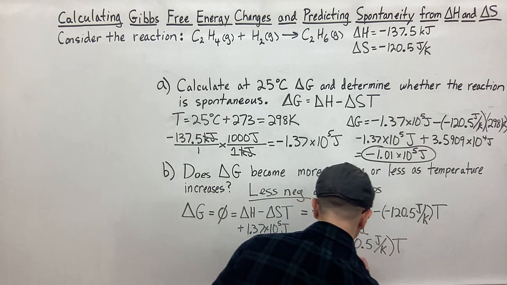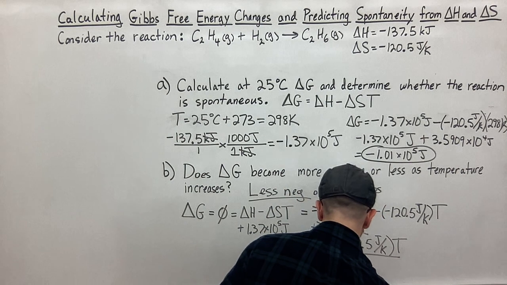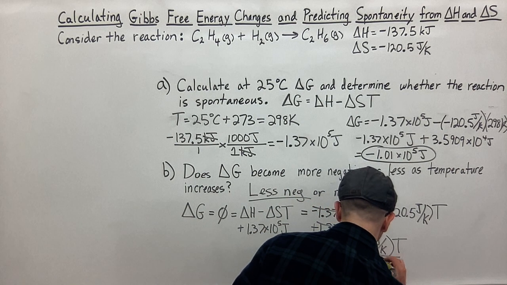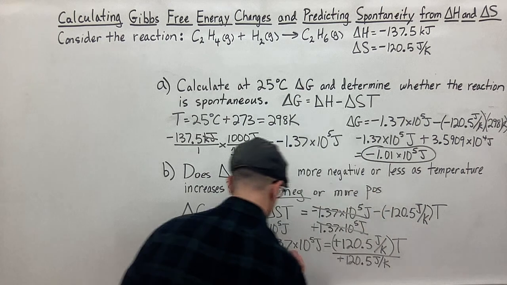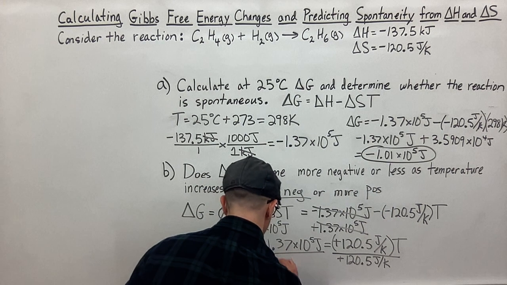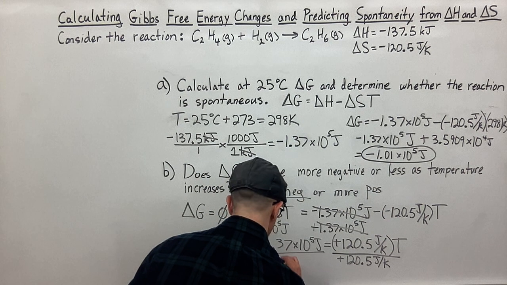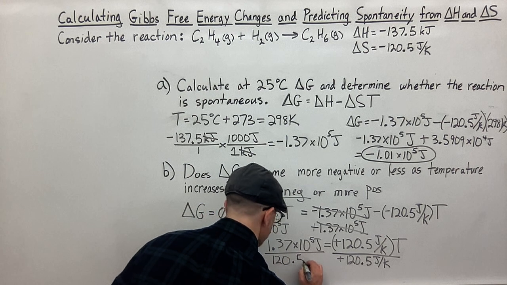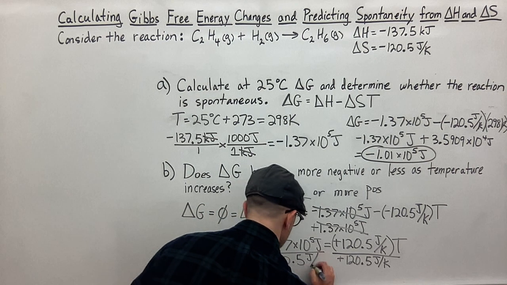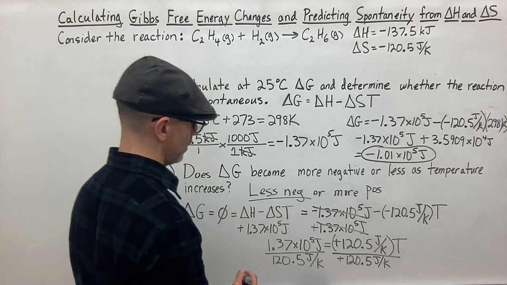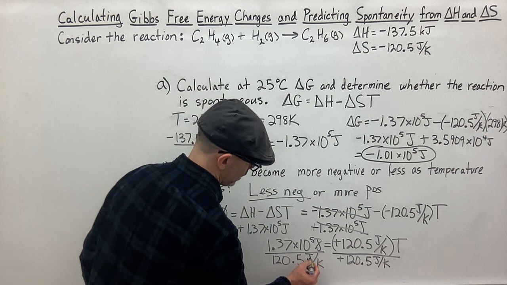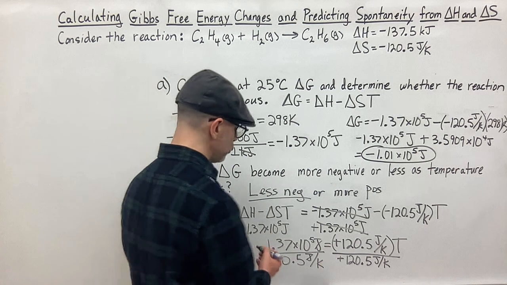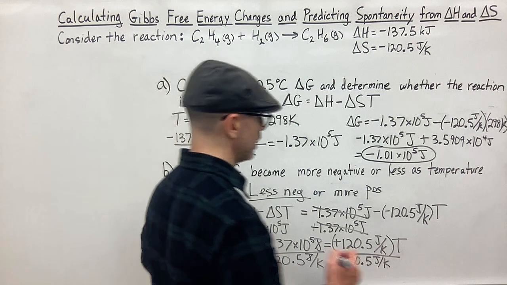So let's go ahead and do that. 120.5 joules per Kelvin, divide this by 120.5 joules per Kelvin. The joules here cancel out. We're left with Kelvin, which is what we want. So now when we do the division, we can get the temperature.